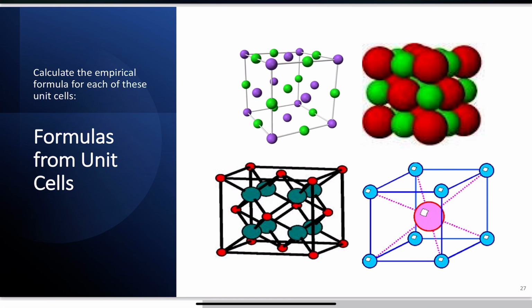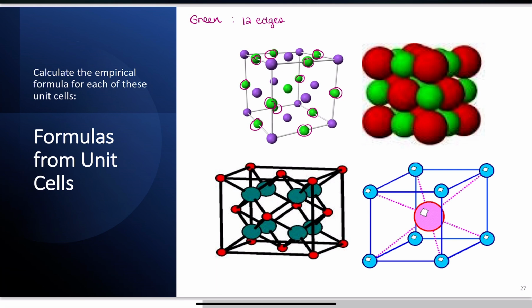When I look at this one, I'm going to look at the first one, the green and purple. I'm going to look at the greens. I've got green, green, green, green, green, green. Those are all edges. Green, green, green, green, edges. Green, green, green, green, edges. So for my green, 1, 2, 3, 4, 5, 6, 7, 8, 9, 10, 11, 12. 12 edges.